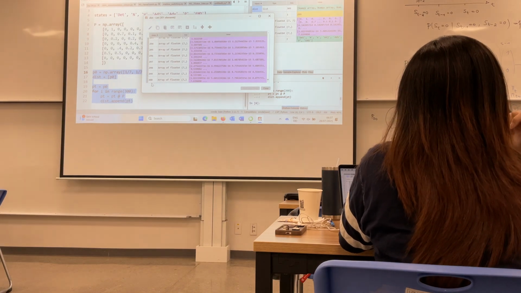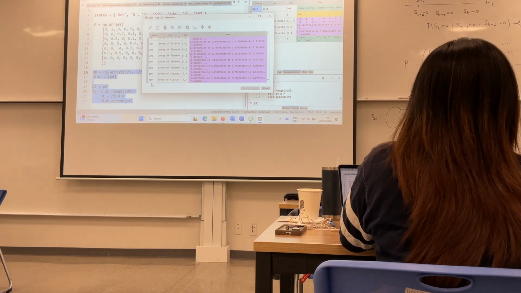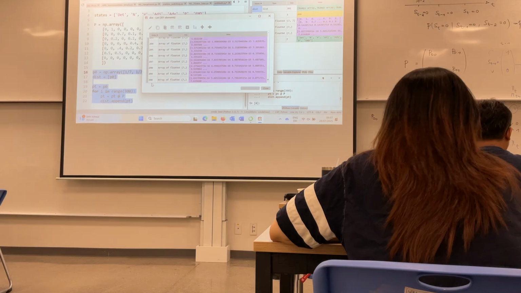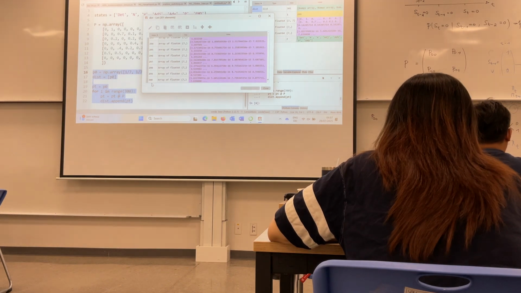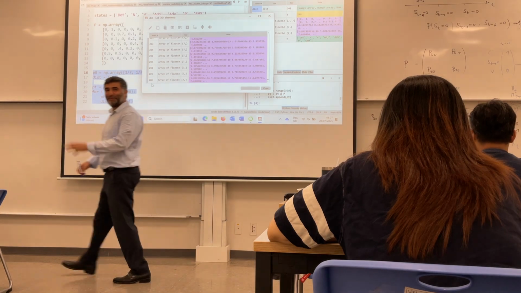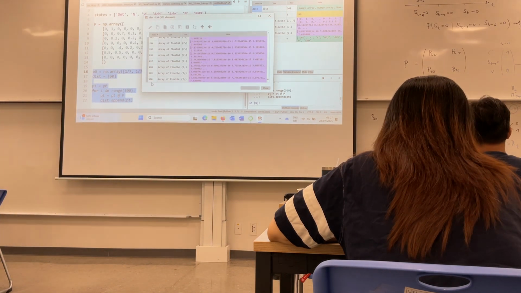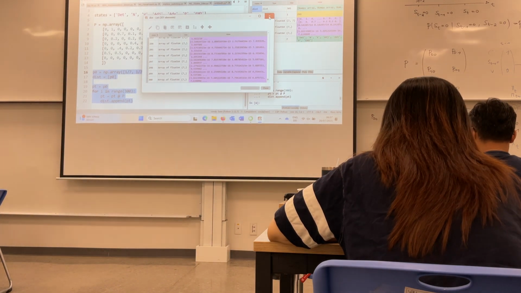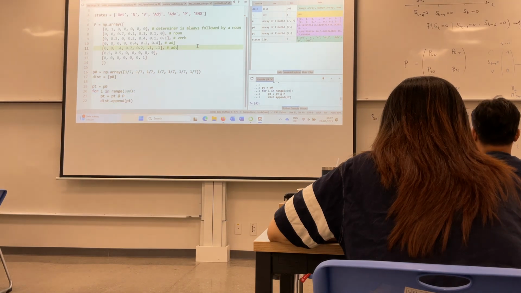Because these are 7 states, I can't plot them. That would be very problematic. Are you happy if I do this with 2 states? So that we can plot and see what it is. This I will post online.